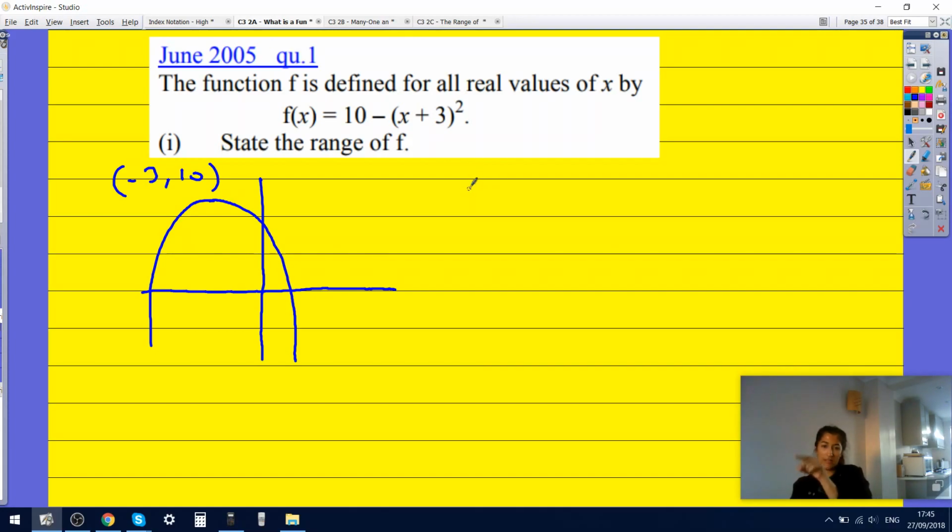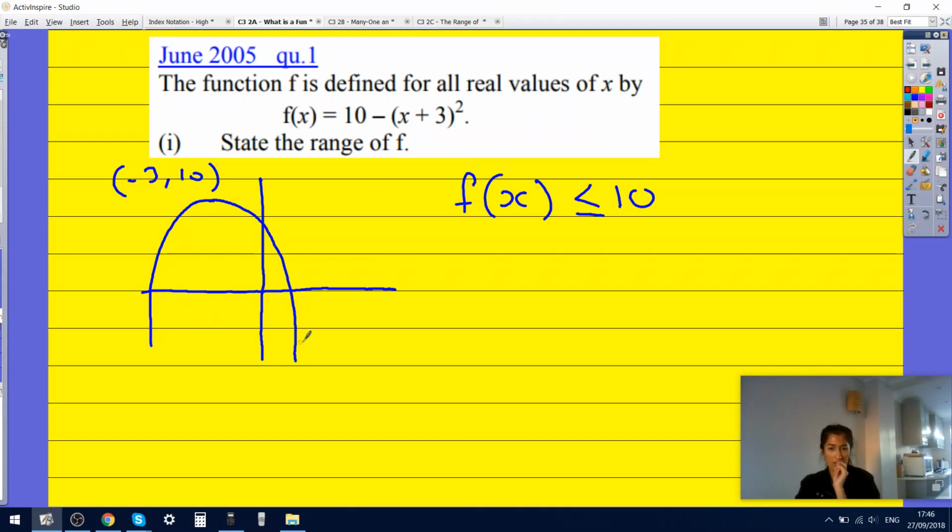So for like f of x in the middle, less than or equal to 10, isn't it? Yeah. And then greater than or equal to -3. It can be -3, can't it? You can get -3 as a y coordinate.